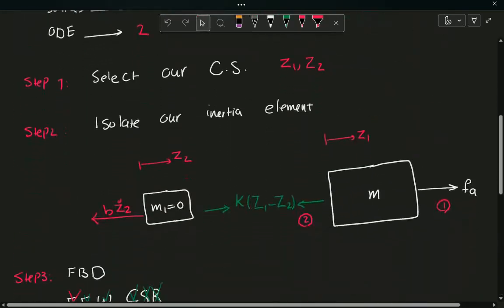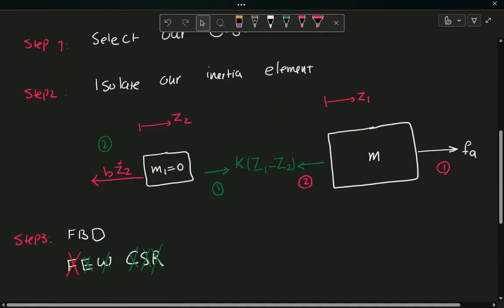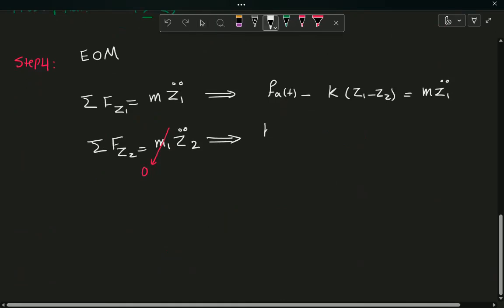Similarly, for M1, I have one force, the force of the spring, in the positive Z2 direction, and one force, the force of the damper, in the negative Z2 direction. So this is going to be K times Z1 minus Z2, minus the force of the damper, which is B Z2 dot, equals 0.